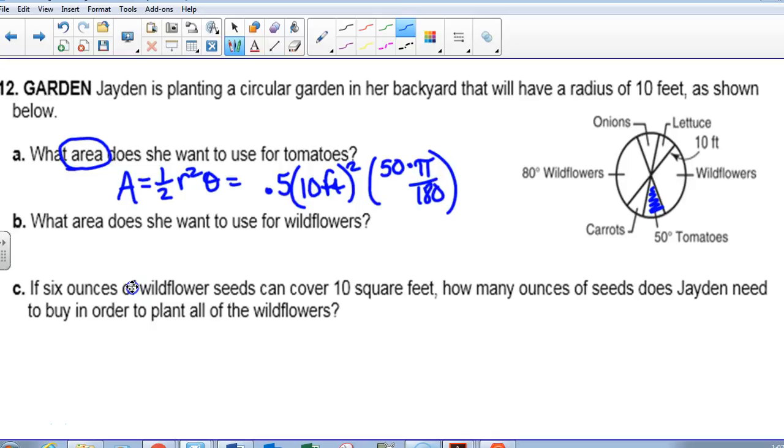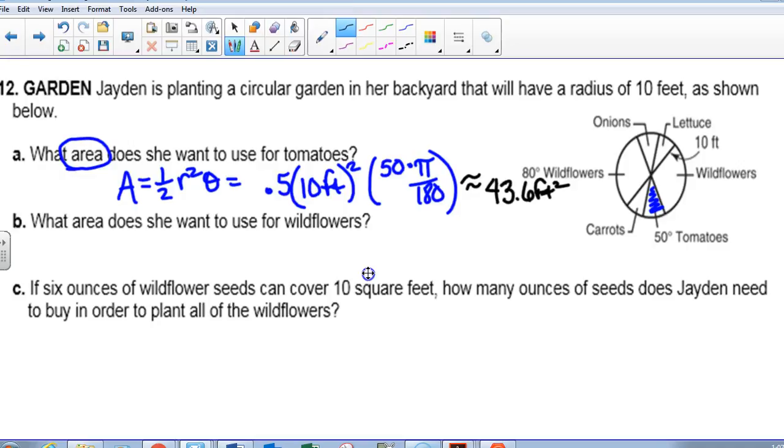It'd be 5/18 pi if you really wanted to. About how many square feet of garden does she have for tomatoes? Yep, 43.6 square feet, or around 44 square feet. Everybody okay?